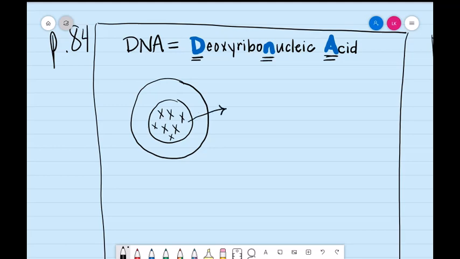these chromosomes, if I were to zoom in on them, they're actually strands of DNA. So if I were to zoom in on maybe just this piece, that is actually what you're used to seeing when someone talks about DNA.